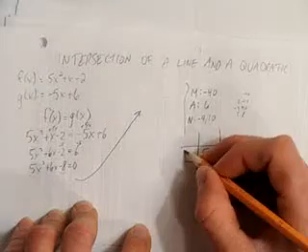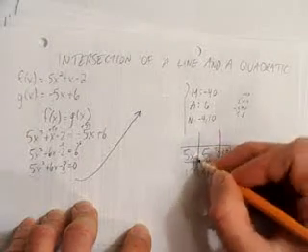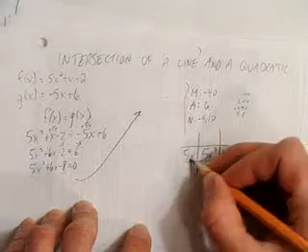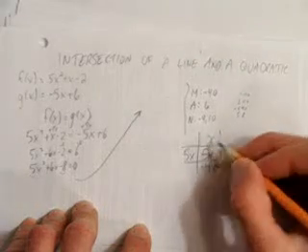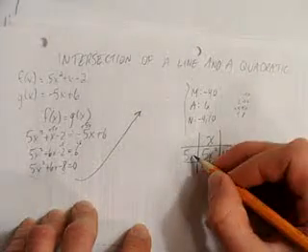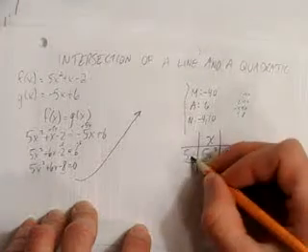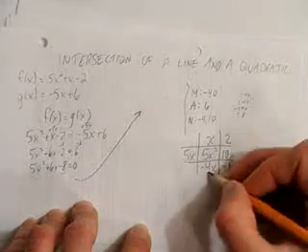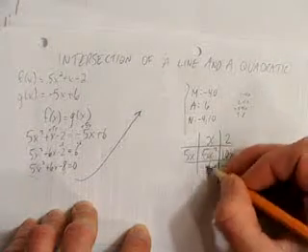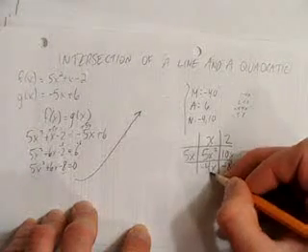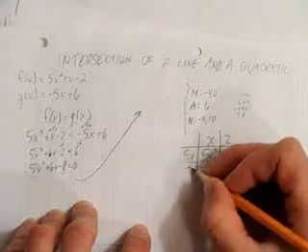What goes into both? A 5 and an x. If I break down 5x squared by dividing by 5x, I'm left with an x. If I break down that 5x out of the 10x, 10x divided by 5x is 2. And negative 4x has to be broken down here as well. Negative 4x divided by x is negative 4.